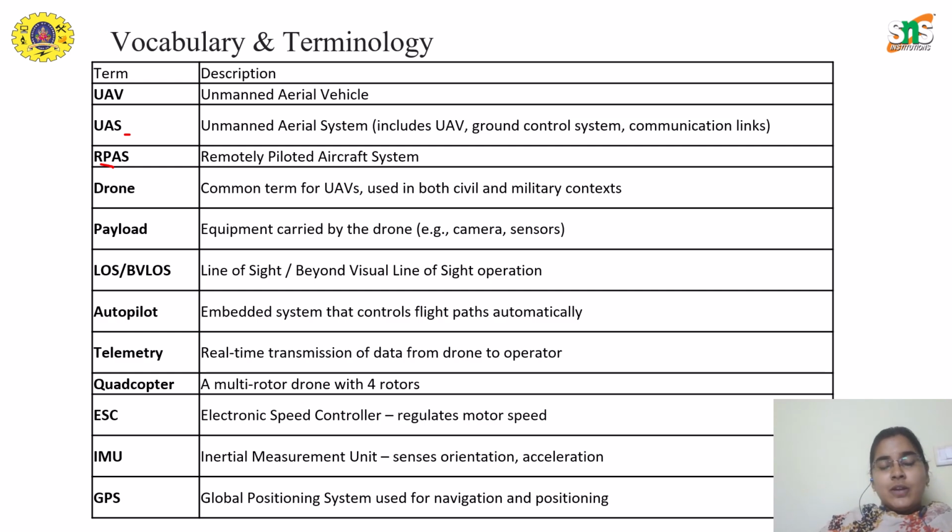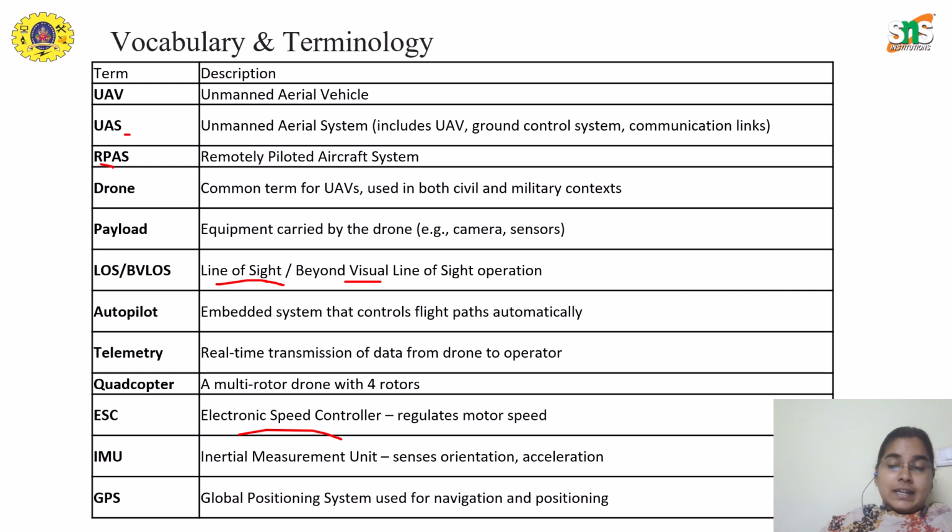LOS stands for line of sight, and BVLOS is beyond visual line of sight operation. Autopilot is an embedded system that controls flight paths automatically. Telemetry is the real-time transmission of data from the drone to the operator. Quadcopter is a multi-rotor drone with four rotors. ESC, electronic speed controller, is used to run and regulate the motor speed.